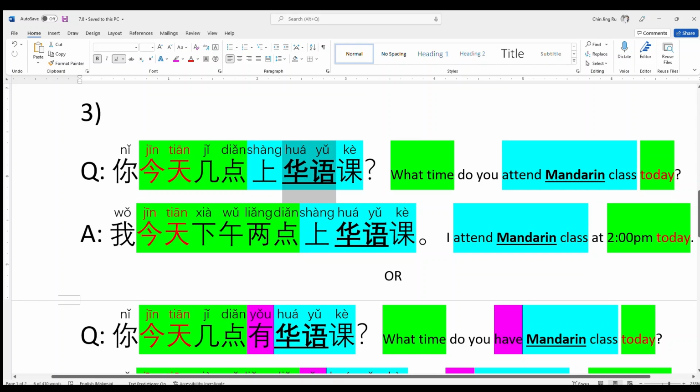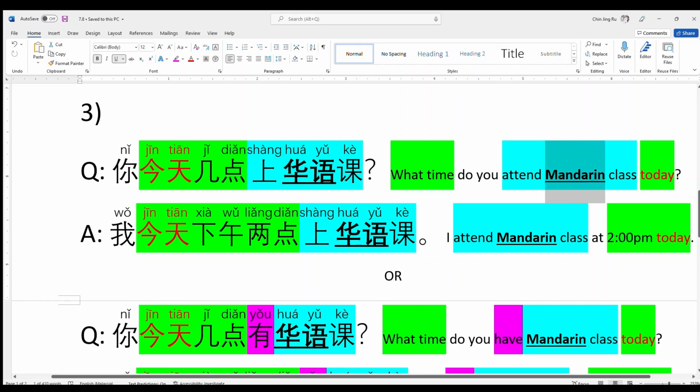Yeah, listen and repeat. 你今天几点上华语课？你今天几点上华语课？ You see, the original word is attend class, right? 上课，上 and 课， but I put in the 华语 which means Mandarin in between.